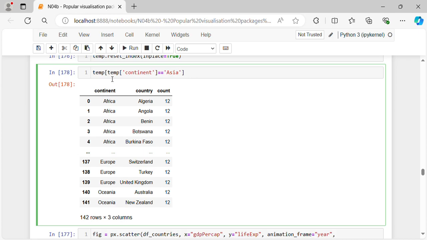Okay, so previously we were not able to do it because the continent was in the index. So now the continent is in the column, is one of the columns, so we can subset.